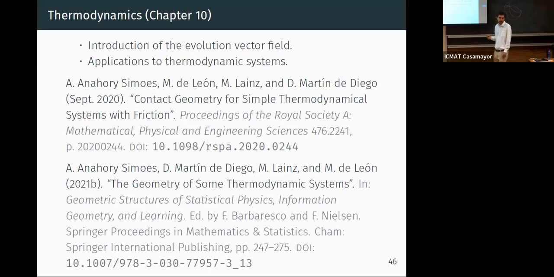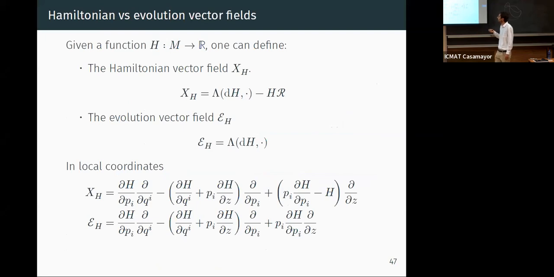And last of all, we have worked on applications of these contact systems. One of our main contributions was the introduction of the evolution vector field, from the contact structure of your manifold and the Hamiltonian function.